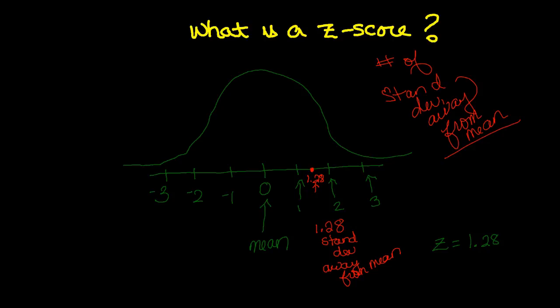Okay, so if we come up with a negative value, so let's say we do our calculation and our z is a negative 2.6. So let's say that value is sitting right here at -2.6. So we did our calculation and we got -2.6. What that is telling us is our value is -2.6 standard deviations away from the mean.